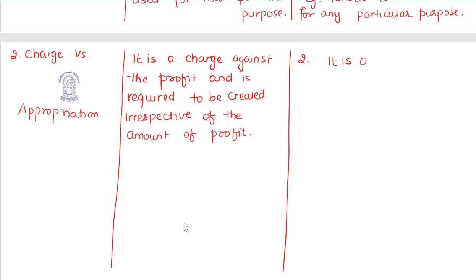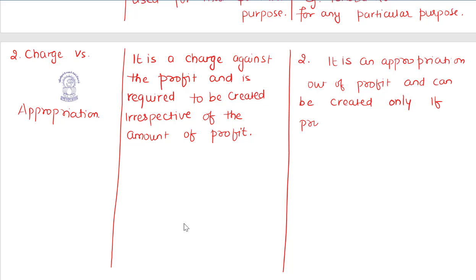Reserves, it is an appropriation out of profit and can be created only if profits have been earned.